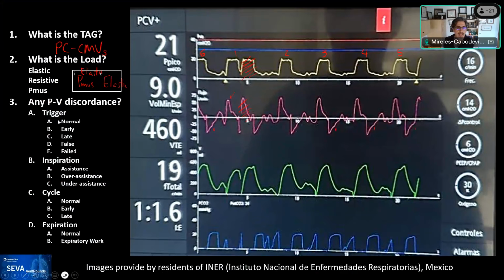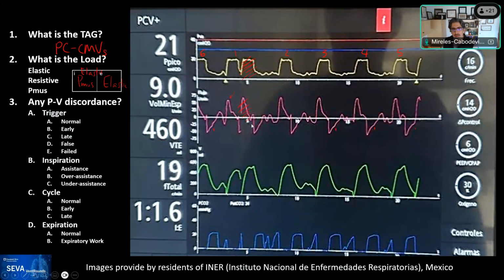So the issue here is that you have a couple of breaths that have been placed that say it's the patient. So these two triggers, the patient seems to have triggered the breath according to the ventilator. And then let's analyze the rest.